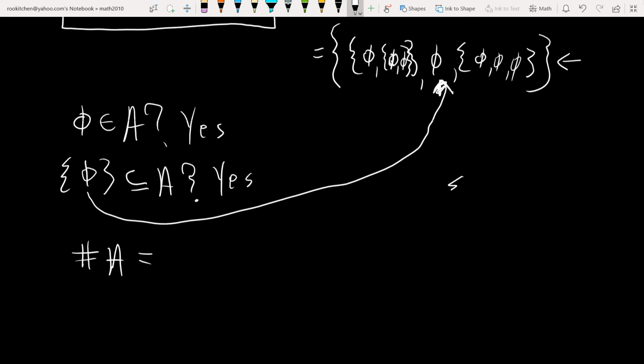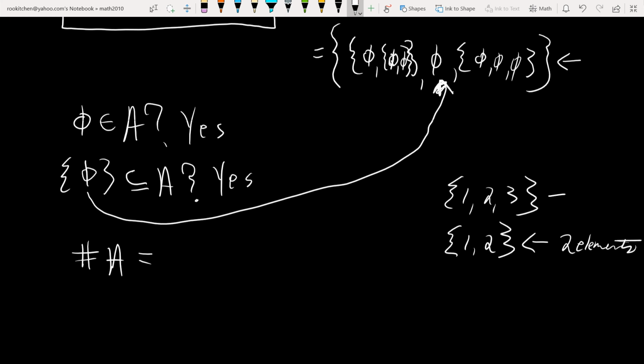For example, if I have a set that's 1, 2, 3, and then I have a set that's 1, 2, there's no way these two sets can be equal because this set here has two elements, which can be sets themselves, and this set here has three elements. So there's no way in this case that C can equal D. So I would say C does not equal D.